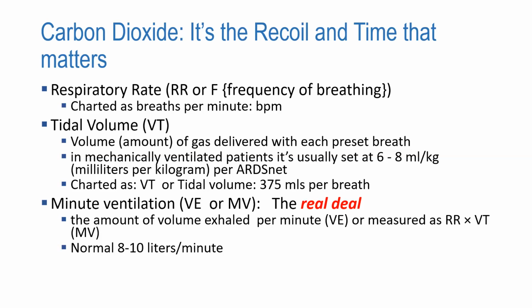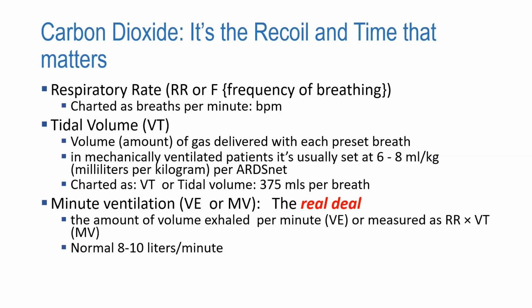You're distended, you can't recoil. You can't empty the air. In CO2, it's the recoil and the time allotted for exhalation that matters. So your lung must recoil and it must have time to actually exhale. So those are two really important things.